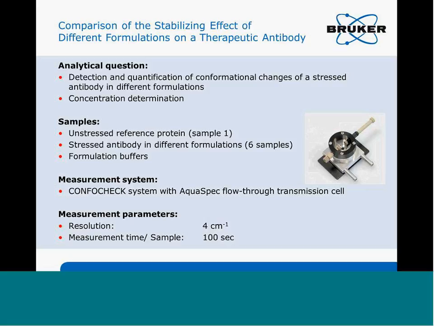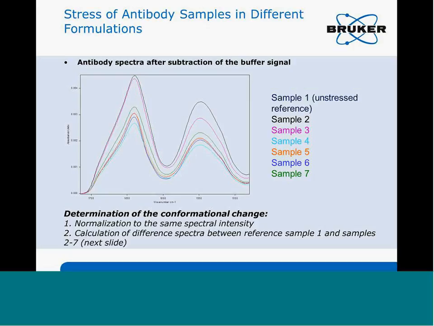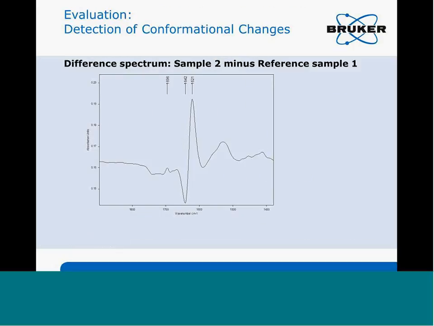It's about 100 seconds equivalent time, 4 wavenumber resolution, and this spectrum shows you an antibody protein after different stress applied. They look pretty similar. Subtract stressed minus unstressed, and you will see big changes.